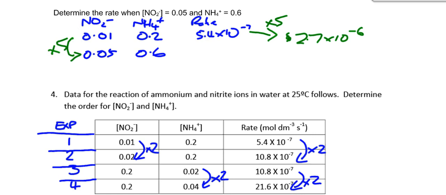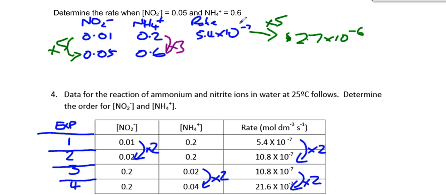But what is also happening is that this concentration is increasing. 0.6 over 0.2 gives 3, so it's an increase times 3. Since I know that's first order too, I know that my rate has got to also be times by 3.